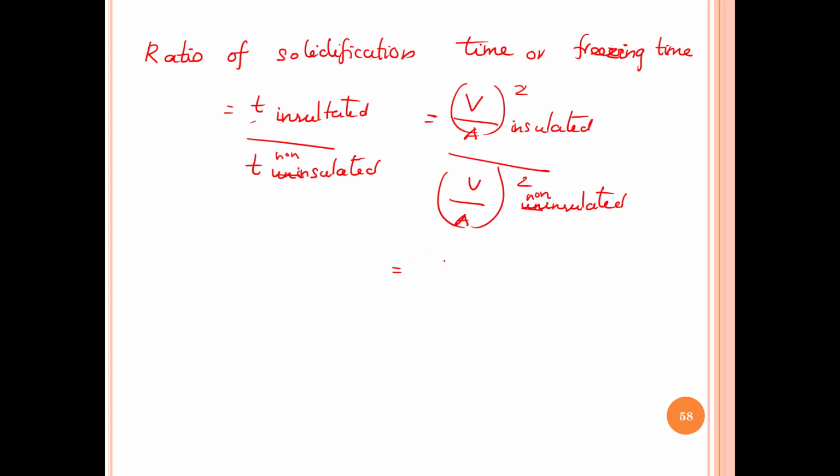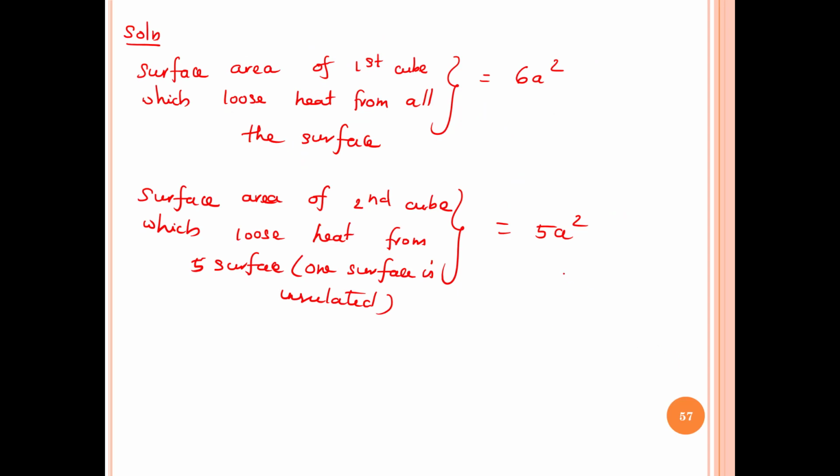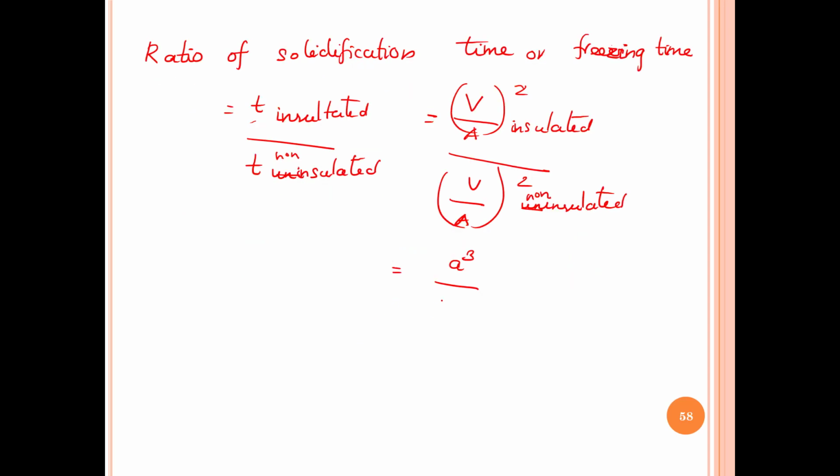So the volume of the insulated cube is a cube, divided by the surface area, where one side is insulated, so the surface area is 5a square, whole square, divided by the non-insulated case: volume of the cube is a cube, divided by the surface area, which is 6a square since it is non-insulated, that whole square.